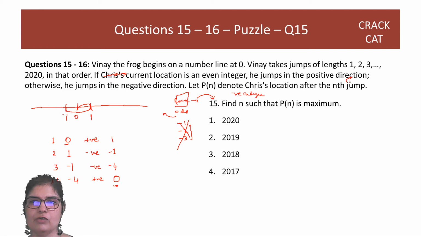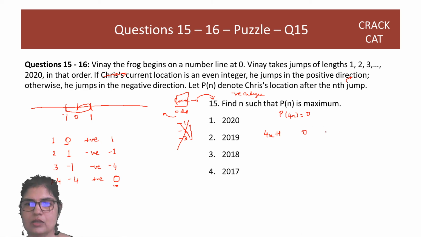Any time now you have a multiple of 4, so what happens at 4n? Let's say after a multiple of 4 he is at 0. Then what happens at 4n plus 1? You start with 0, so positive direction, and you end up at 4n plus 1, positive.